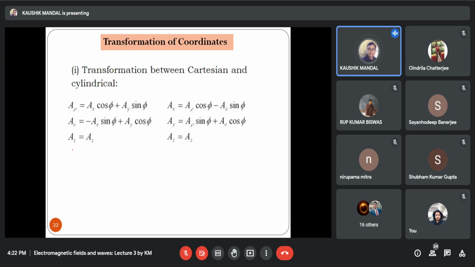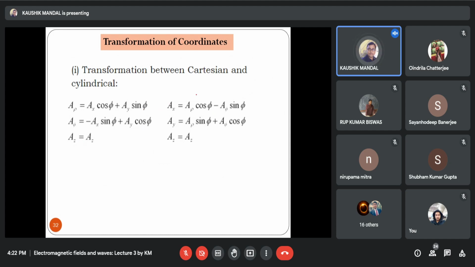If you want to represent a vector A in the Cartesian coordinate system, its components will be a rho, a phi, a z. And we are writing the cylindrical components in terms of Cartesian components. So it will be minus ax sin phi plus ay cos phi for a phi. And what will be az? Az will be equal to az.